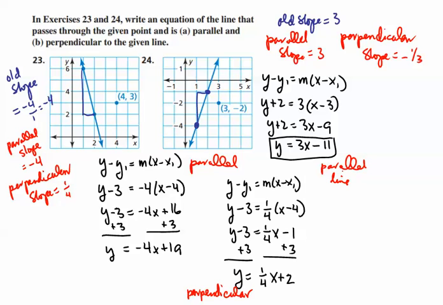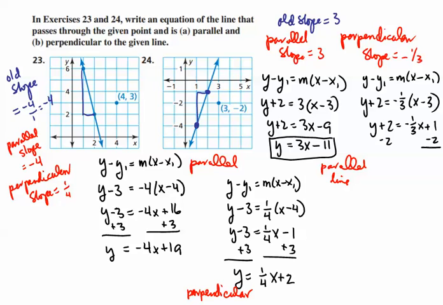In the second one, y minus y1 is equal to m times x minus x1, and y plus 2 is equal to negative 1/3 times x minus 3, y plus 2 is equal to negative 1/3 x plus 1.